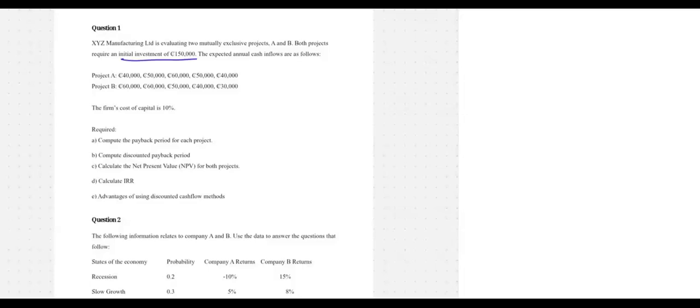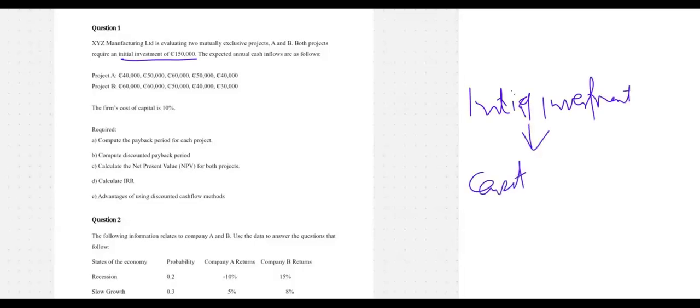initial investments, it is the same as what is called the capital outlay. And it is an outflow, because the money we are investing into the project is leaving the business's funds because it's going out to invest.